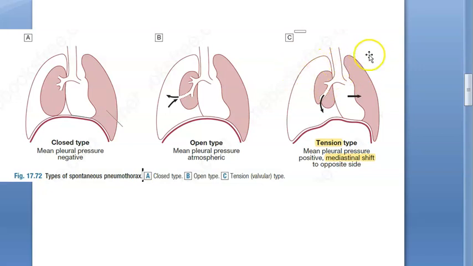It will be trying to push, but it can't. In these people, there can be hypotension and tachycardia. These are very important things. In tension pneumothorax, hypotension and tachycardia, because the heart is getting compressed. This is also called valvular because the air can enter but cannot leave. It is acting like a one-way valve, right?